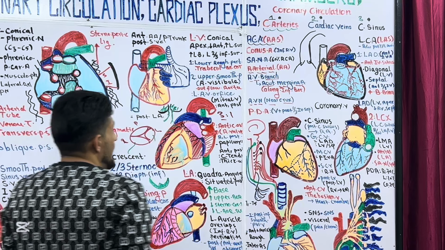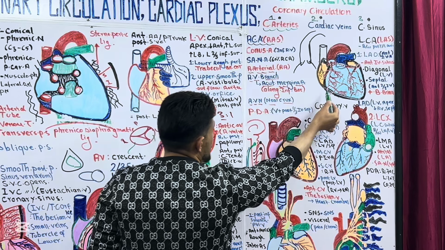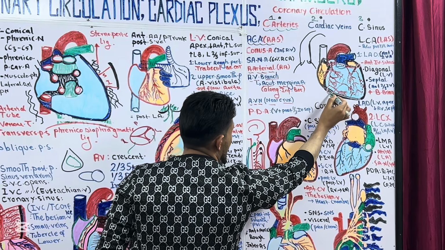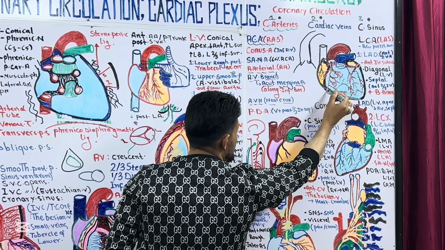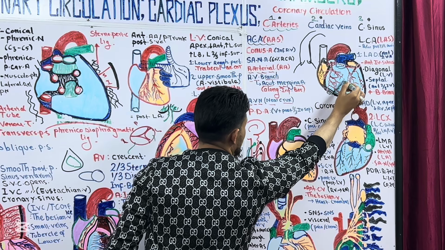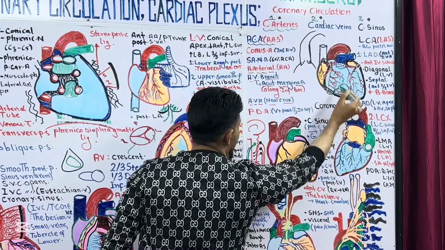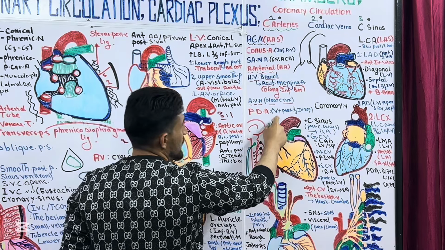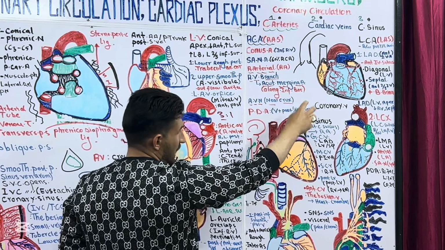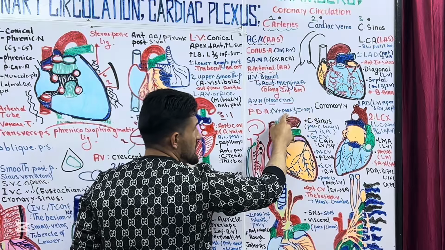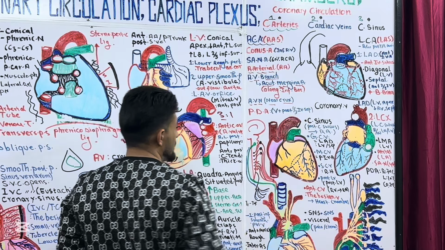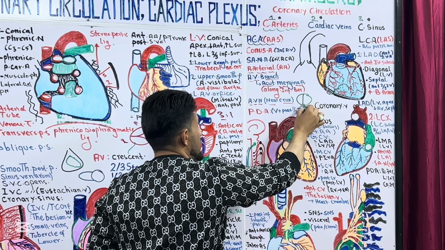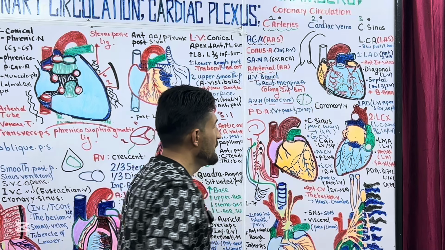Another part of the right coronary artery turns back to the posterior part of the heart. Here it supplies a large part of the ventricles, specifically the right ventricle, plus the posterior one third of the interventricular septum, the septum between the two ventricles.